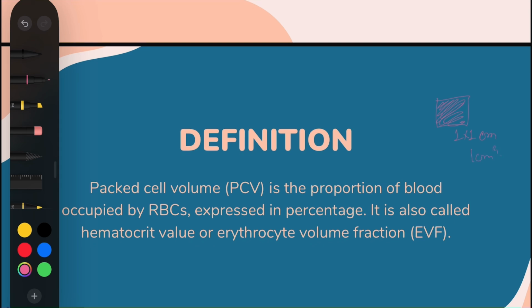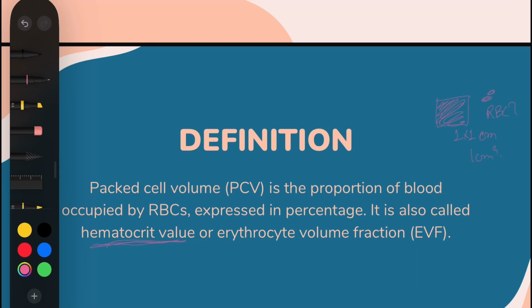And in this volume, how much of RBCs are present? Because in blood there are not only RBCs, there are also WBCs, platelets and other things. So PCV, or the packed cell volume, means how much volume of the blood is being occupied by the RBCs. And it is also known as the hematocrit value.